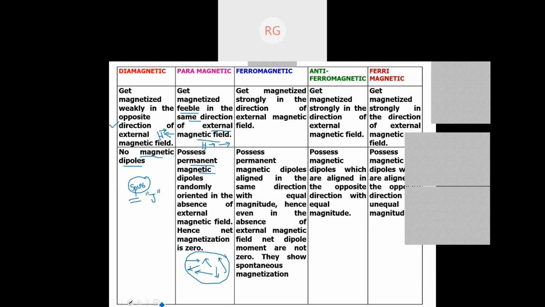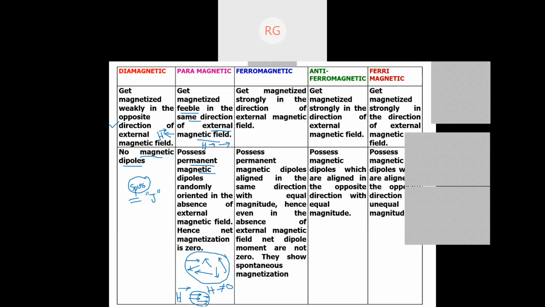But this is true when there is no external field applied to the material. If I apply an external field H in this direction, then all of these magnetic dipoles try to orient in the direction of the applied field. That's why we say they get magnetized in the direction of the applied field.